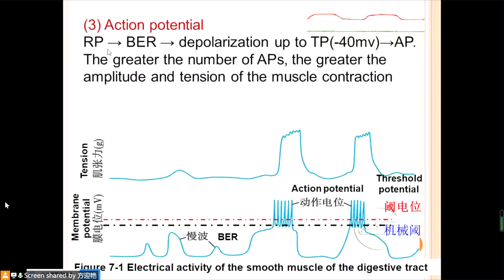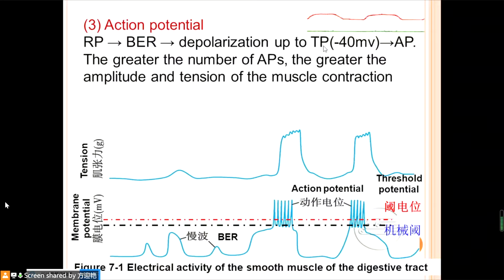Okay, so we can see that from the resting potential the basic electrical rhythm or slow wave is produced, and then depolarization reaches the threshold potential. What is the threshold potential?